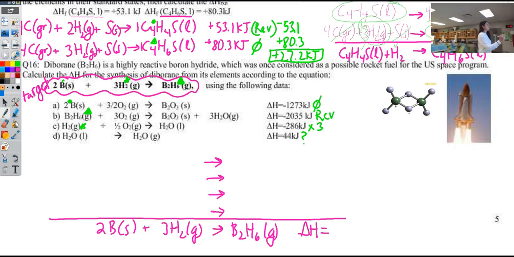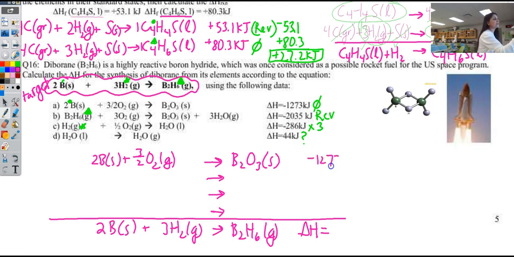So my first line, I said I was going to do nothing to it. So it's 2 boron solid plus 3 halves O2 gas yields B2O3 solid. And my delta H is negative 1273. It stays. Second line, I said I'm going to need to reverse it. Okay, so my products become my reactants.